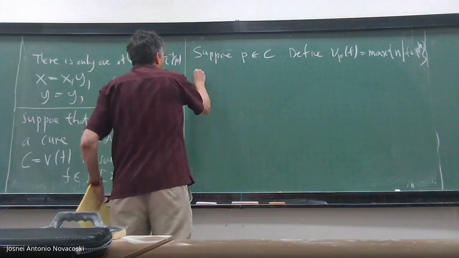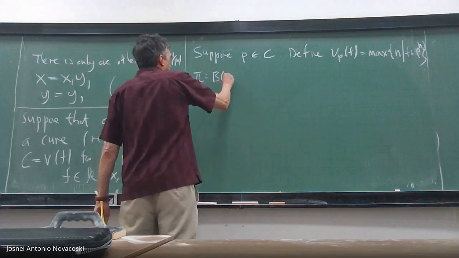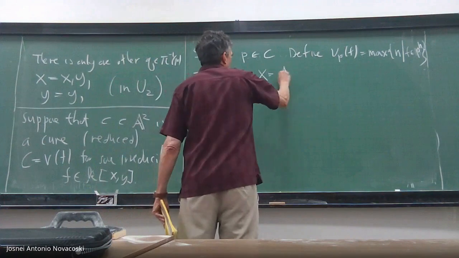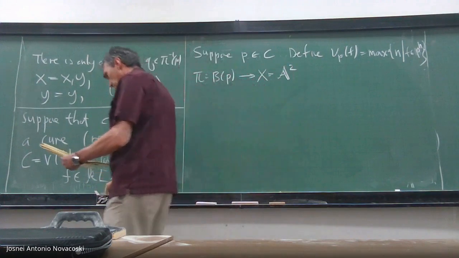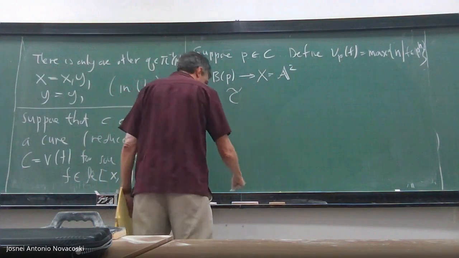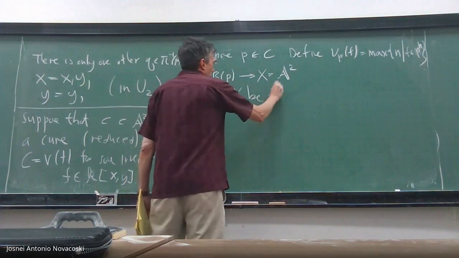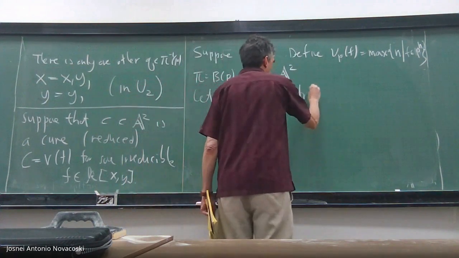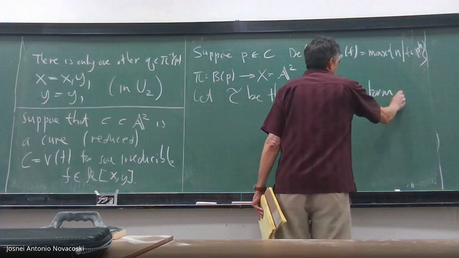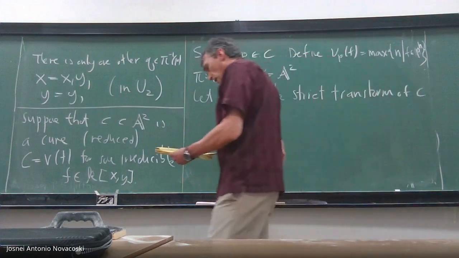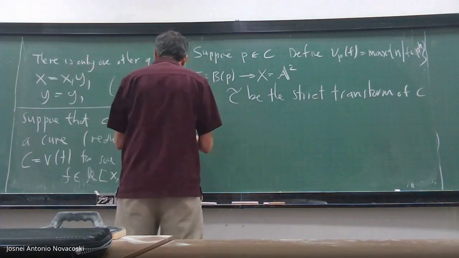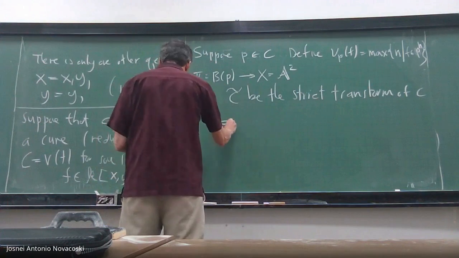Now let's take the blow-up of P in A2, and let C tilde be the strict transform of C, which we talked about. We find what this is from this construction right here.